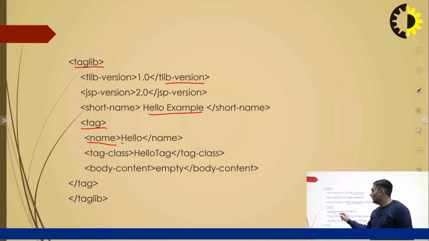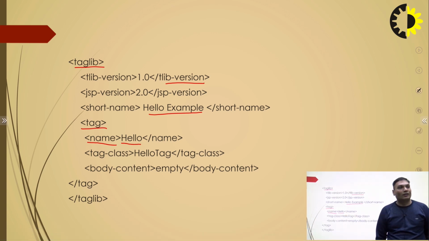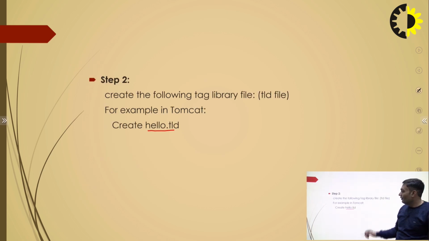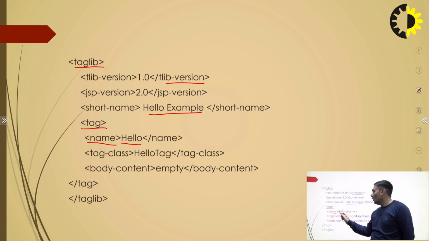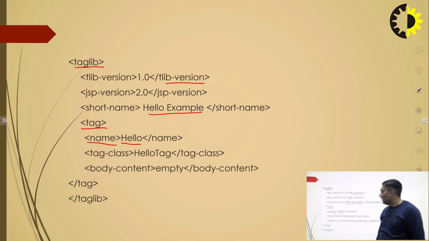So hello is a name that is given to the tag library descriptor. As we have seen, we want to create the hello.tld file. So this is the hello.tld file, and the name is hello, that will be written inside the name tag.